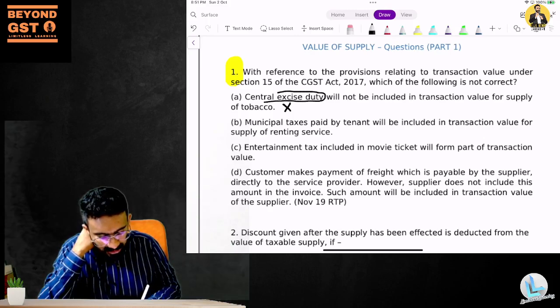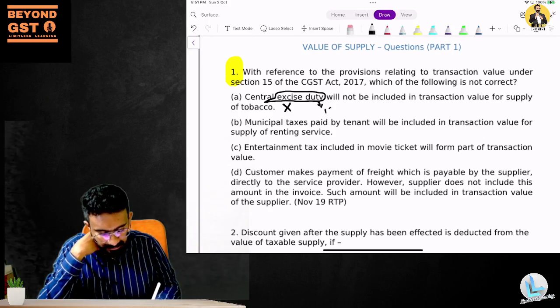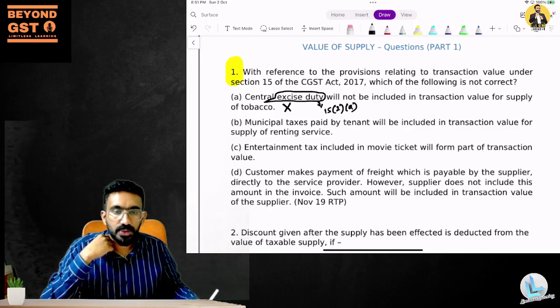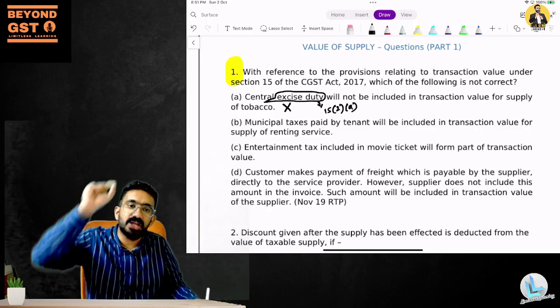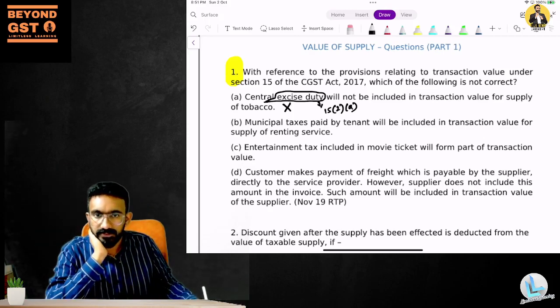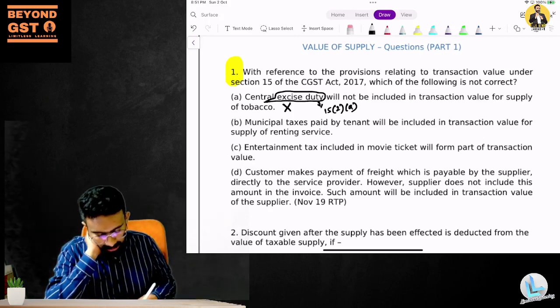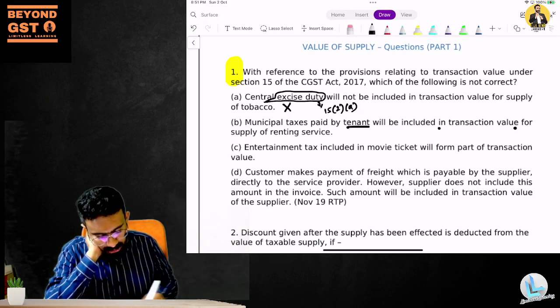Excise duty is a tax under which section? It is a tax under section 15 subsection 2 clause A. So it should be included, because it is a tax other than GST collected from the customer, and should be added to the value. Understanding? Okay.